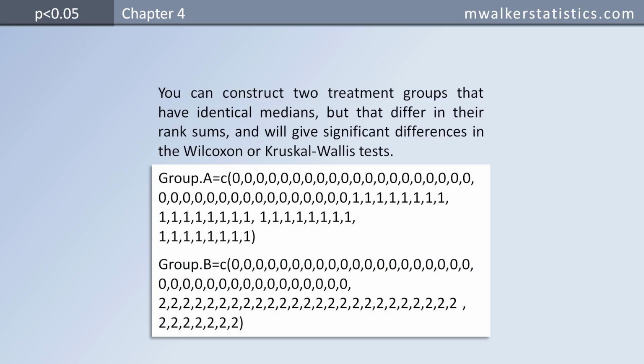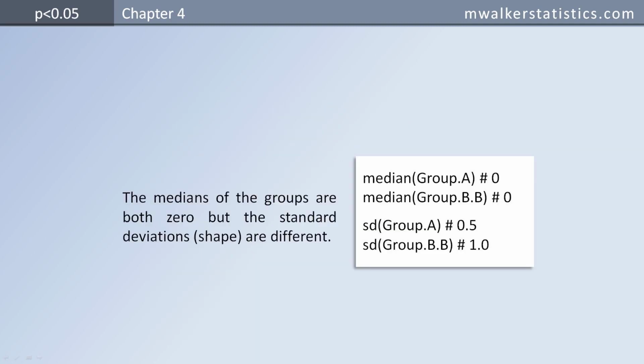You can construct 2 treatment groups that have identical medians, but that differ in their rank sums, and will give significant differences in the Wilcoxon or Kruskal-Wallis tests. The medians of the groups are both 0, but the standard deviations are different.